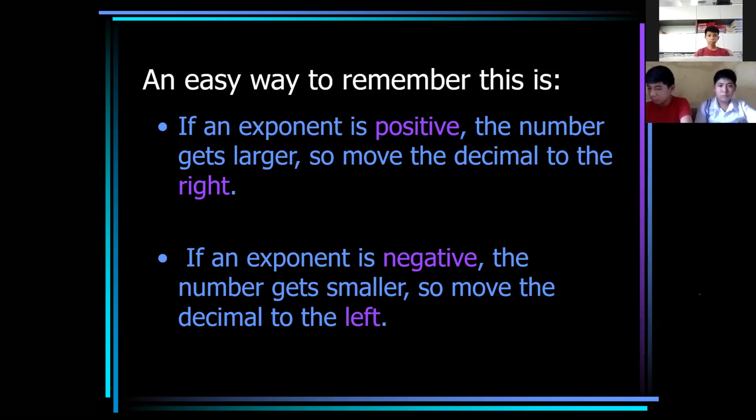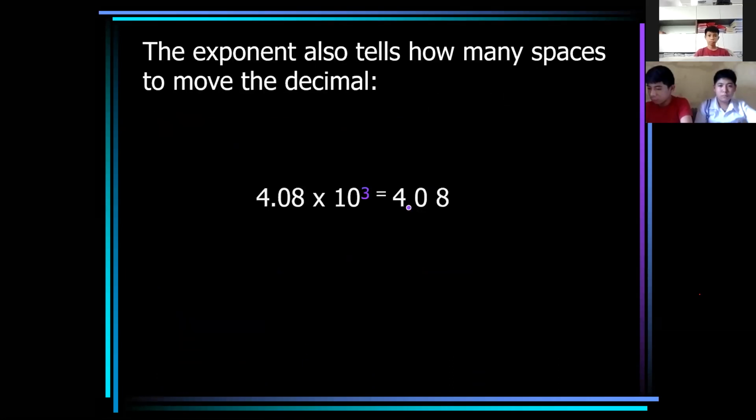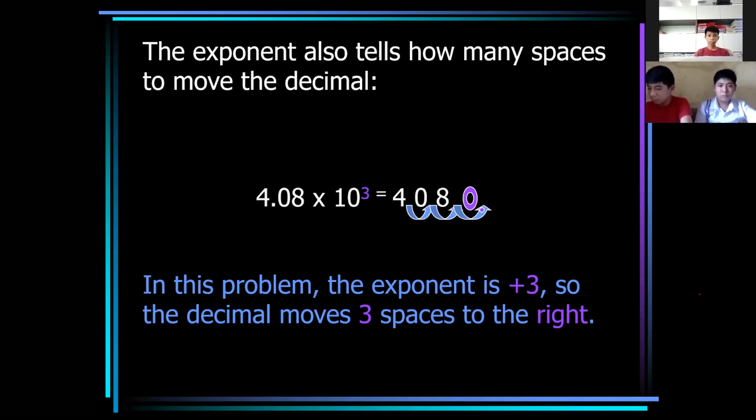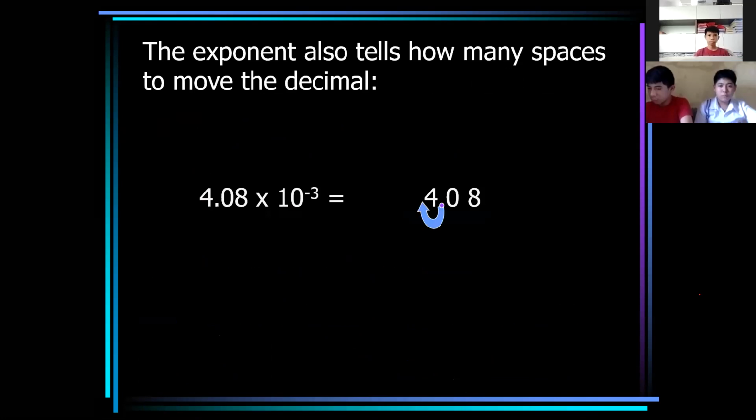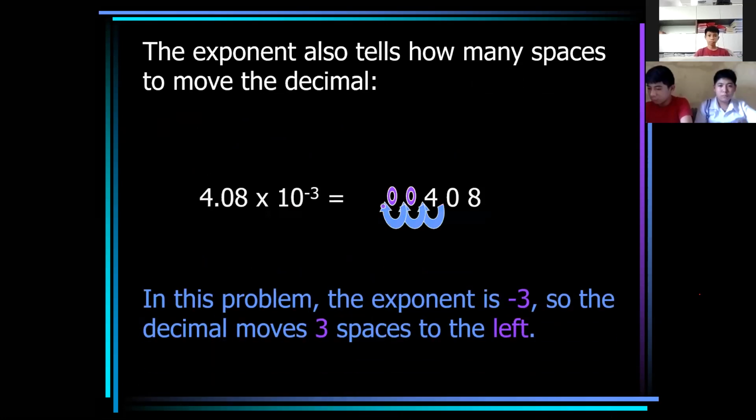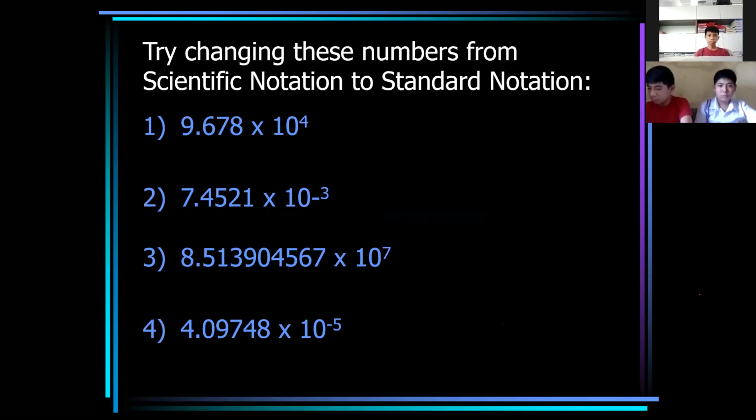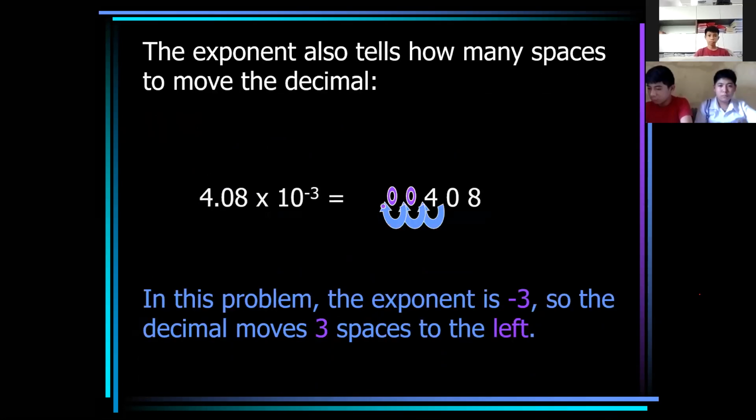Put that in mind, class. Okay? So another example here, class. We have here plus 3, 3 spaces to the right. I think this is the example a while ago. And the negative 3, 3 spaces to the left. Exponent is negative, to the left. Exponent is positive, to the right.